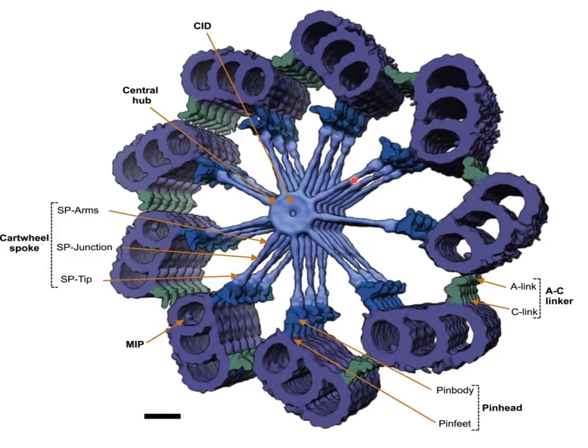So these are radial spokes with the help of which the central hub is attached to the peripheral fibrils. You need to do only these labelings which I am telling you and make this diagram. Make these triplets, then make the central hub and radial spokes and AC linker. Only these things you need to label in this diagram.